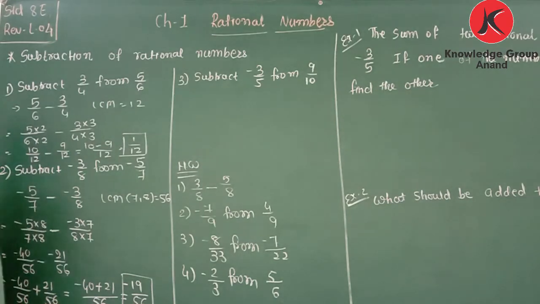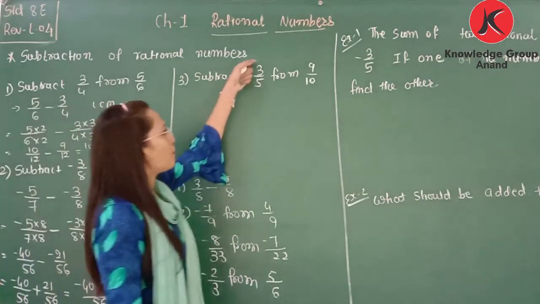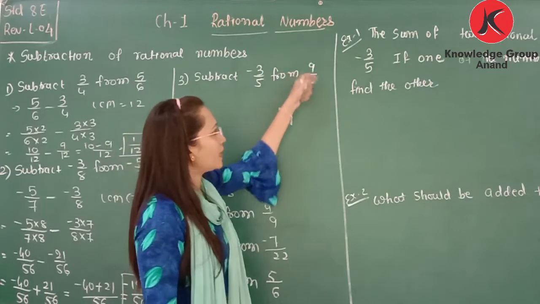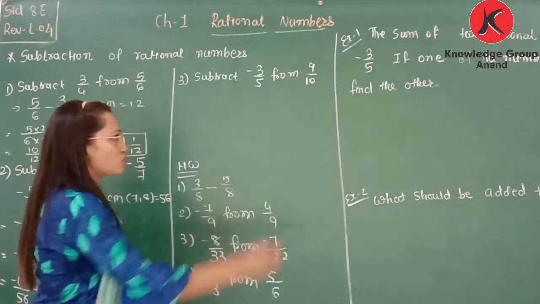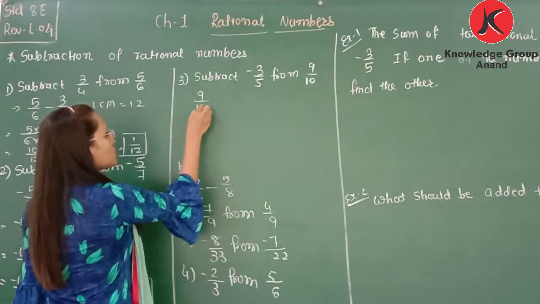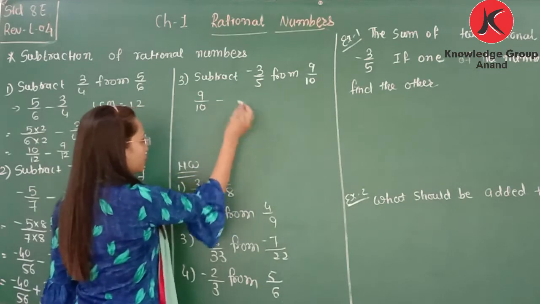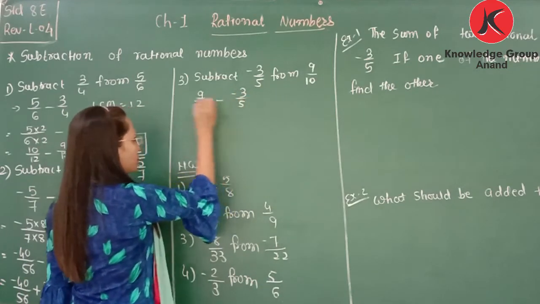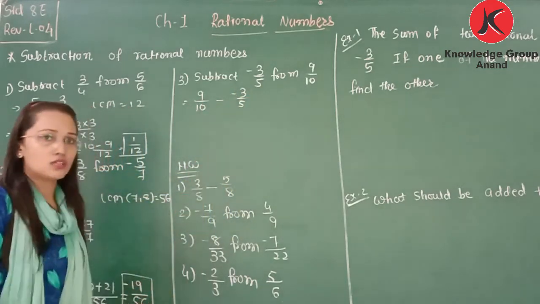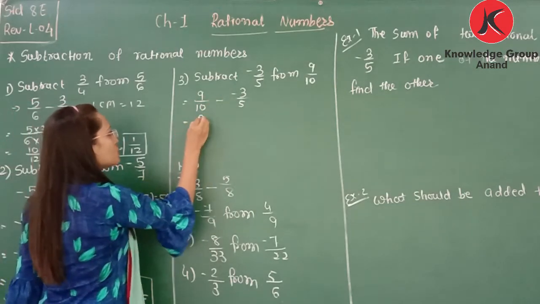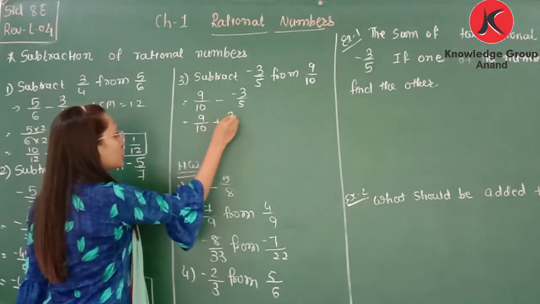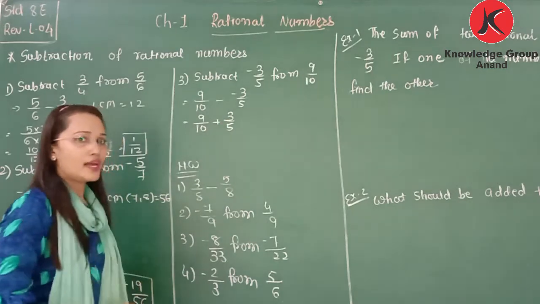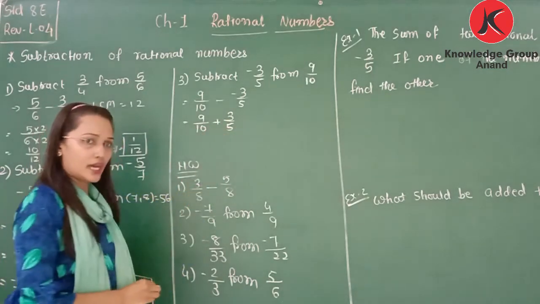Clear? Now next, subtract minus 3 by 5 from 9 by 10. So it is 9 by 10 minus minus 3 by 5. Now you can directly change the sign, minus minus becomes plus, so 9 by 10 plus 3 by 5. The LCM of 10 and 5 will be 10.